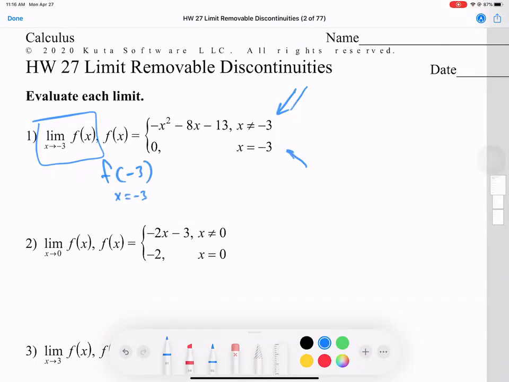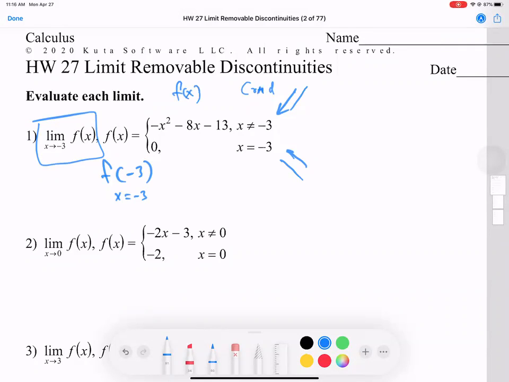The top or the bottom? That'd be the bottom, right? Because x is -3. So these are the conditions, and these are our functions. The conditions tell us which function we'll be using.